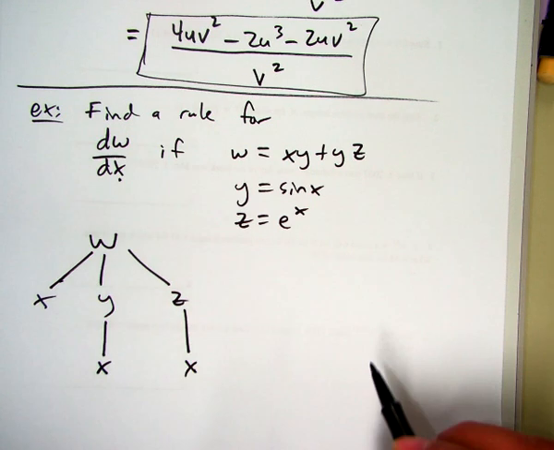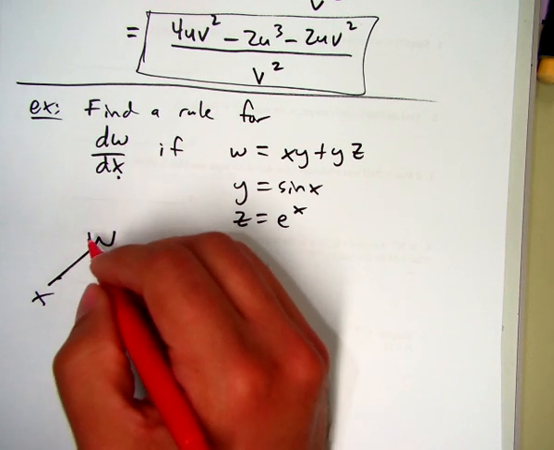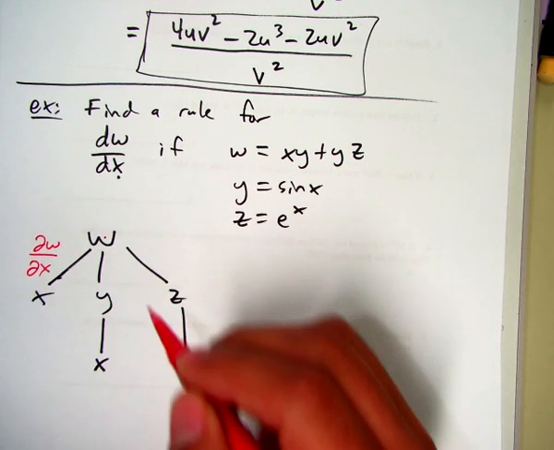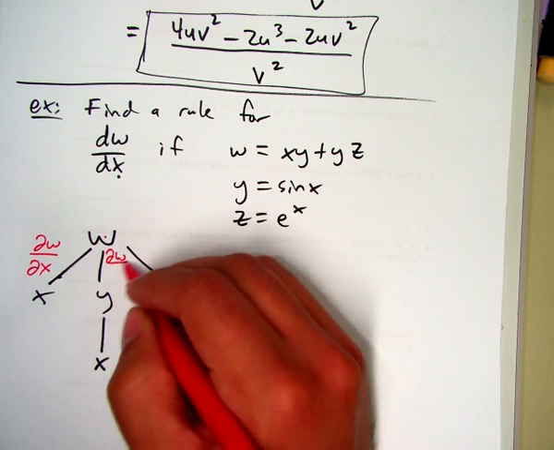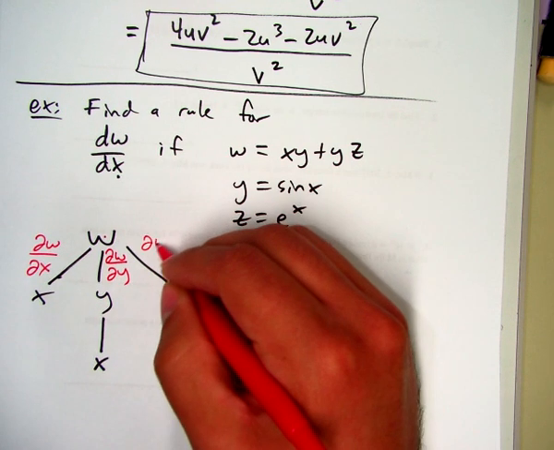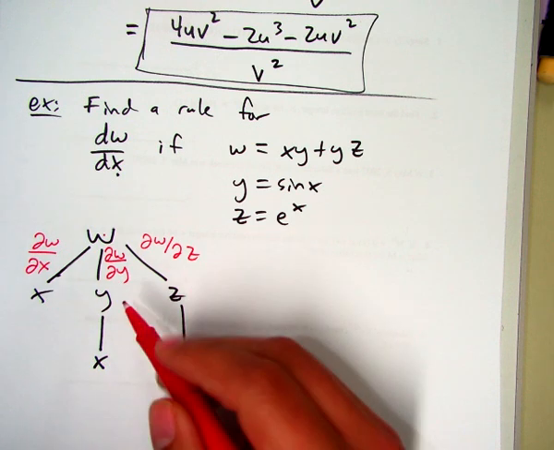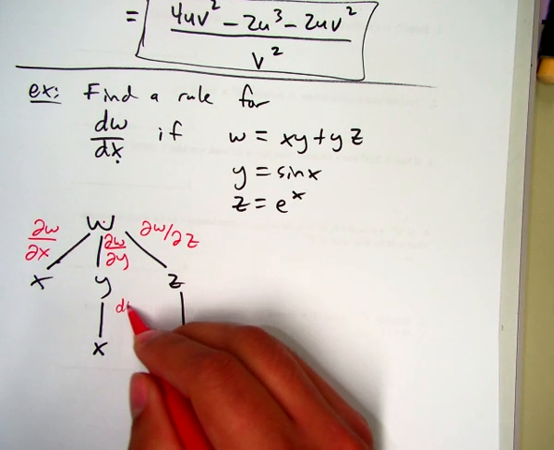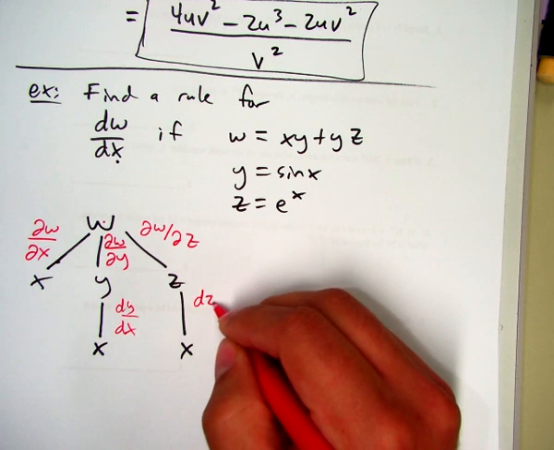So to get to all those x's, this would be partial w, partial x, partial w, partial y, and then partial w, partial z. To get from y to x, it is dy dx, and from z to x, dz dx.